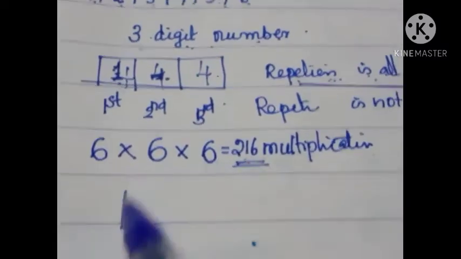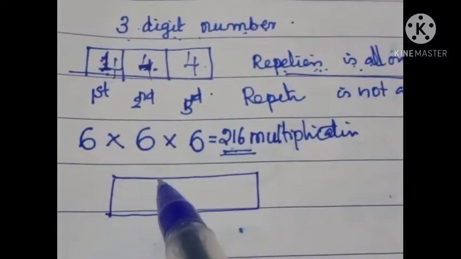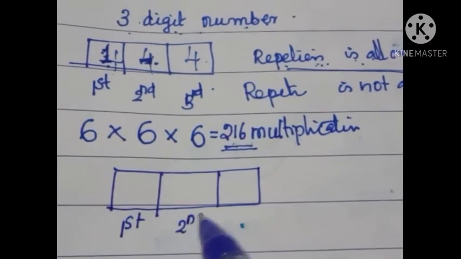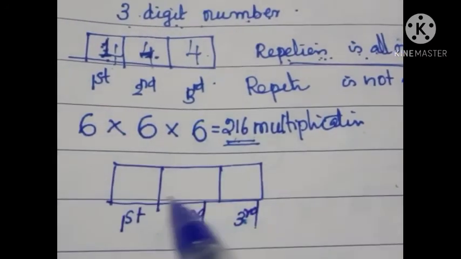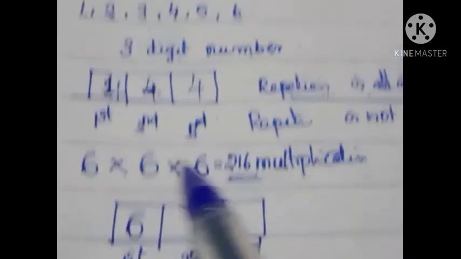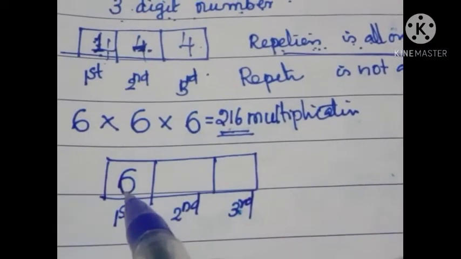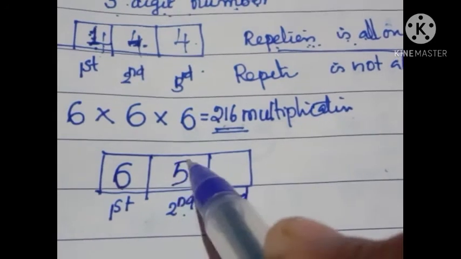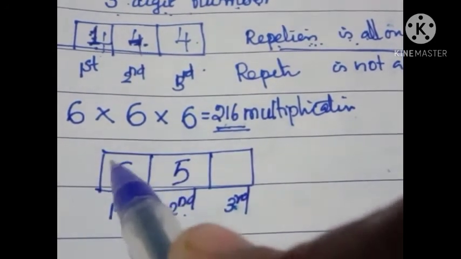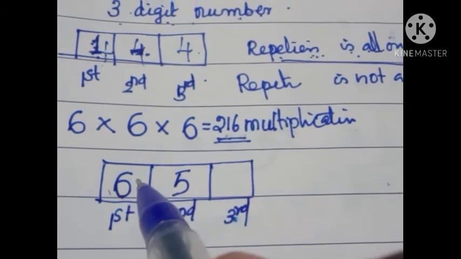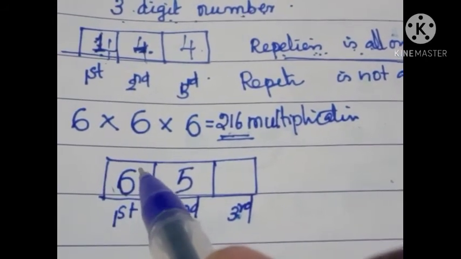At the same time, repetition is not allowed. In this case, first place, second place, third place. The first place can be filled in 6 ways because any of the 6 digits can be written here. In the second place, only 5, because already one digit is occupied here and we can't use the digit already fixed.